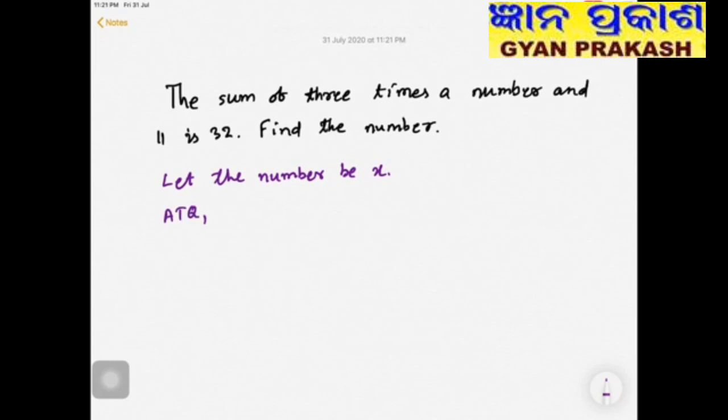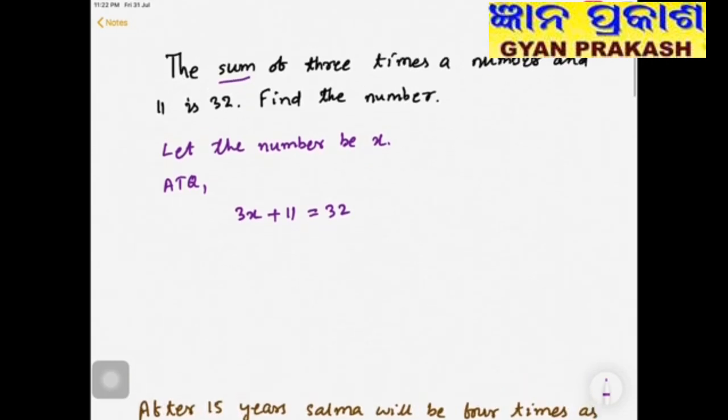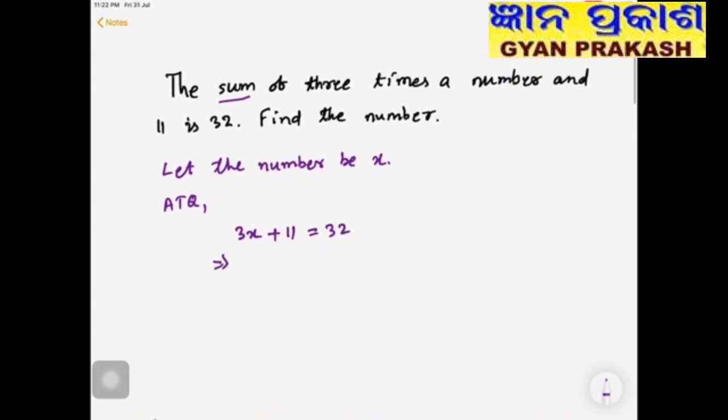sum of, that means we have to add, sum means we have to add 3 times a number, that means 3x, and 11 and it is equal to 32. So we have got the equation. Okay, now so 3x equal to 32 minus 11, it is 21.